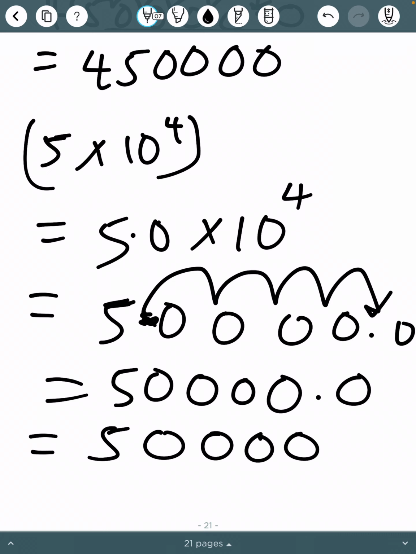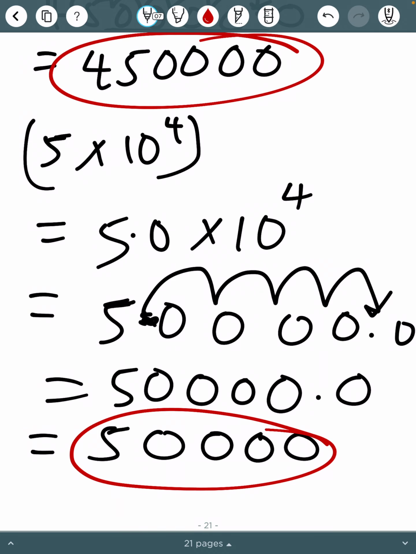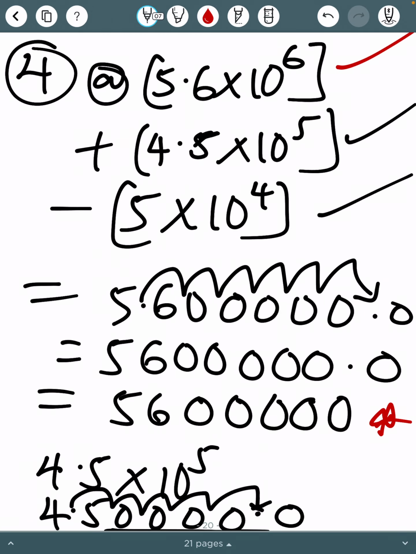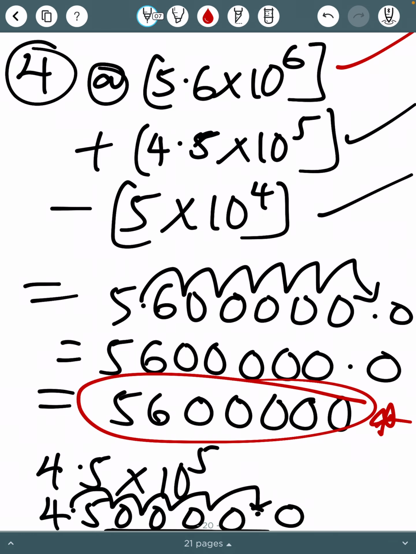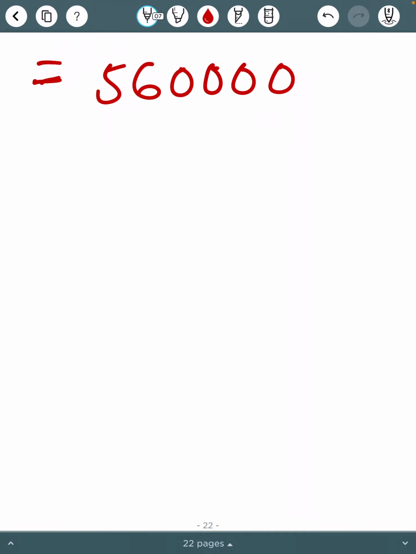So that means I now have these three numbers to add and subtract. 1, 2, and 3. The first one is, if you scroll back, 5, 6, 1, 2, 3, 4, 5.